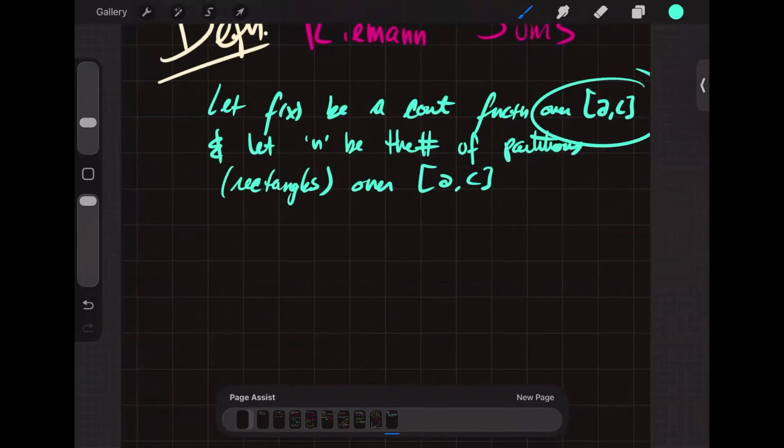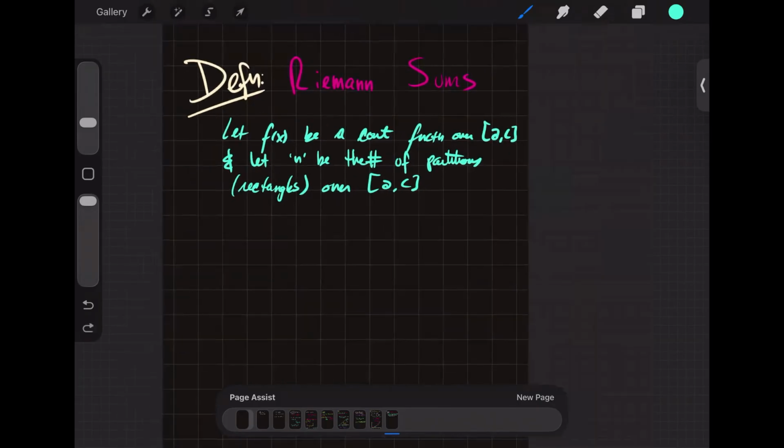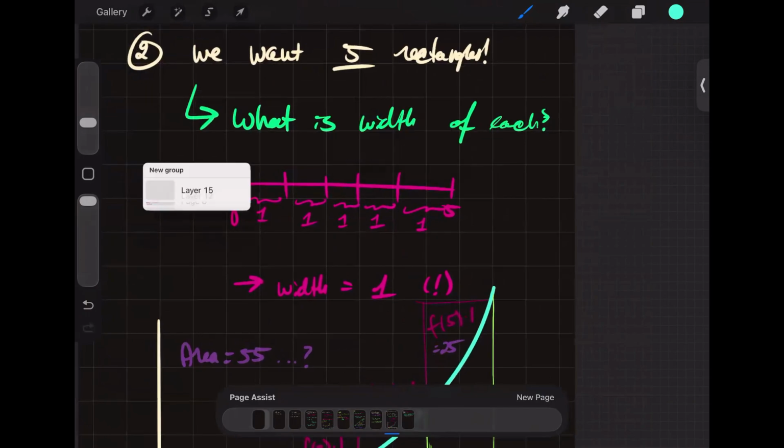If this is our total distance and we want this many rectangles, all you have to do is divide the distance of this by n to get the rectangle width. I mean, that's exactly what we did here.